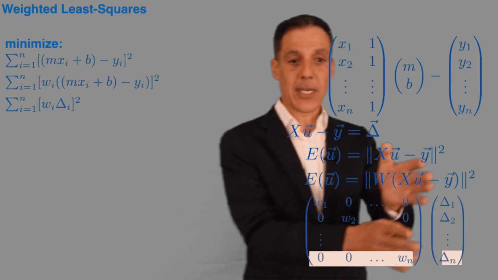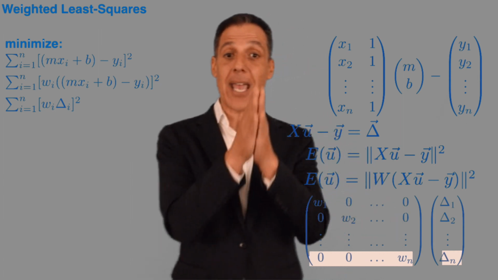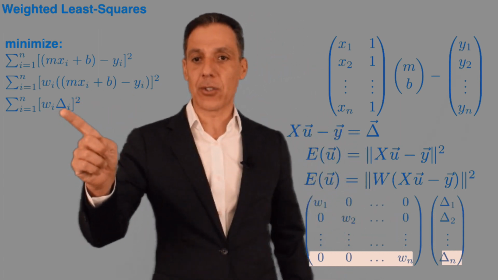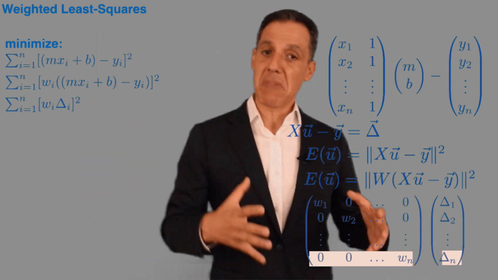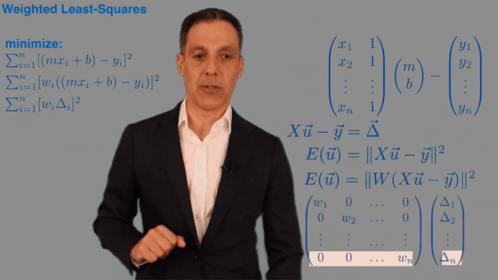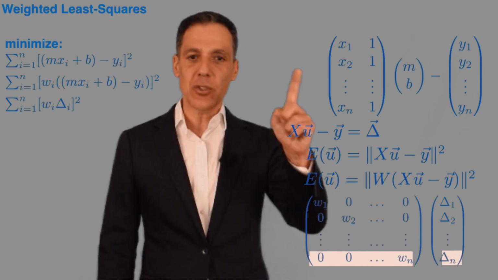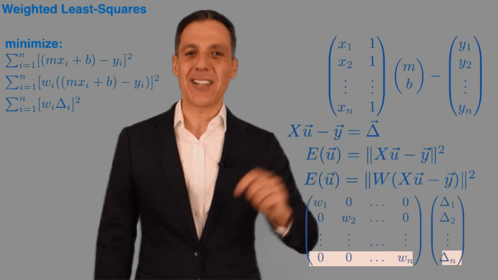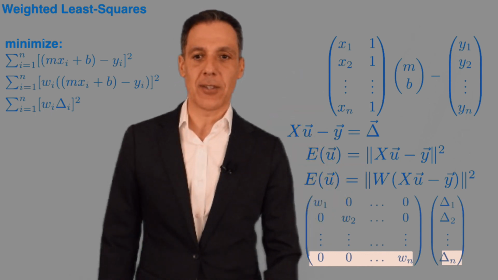This is a diagonal matrix times a vector, which gives me a vector. Now I have the weighted errors in a vector, and now I can take the vector norm and square, and that's what that is doing right there. So all I had to do for weighted least squares is toss in that little weighting matrix right there.